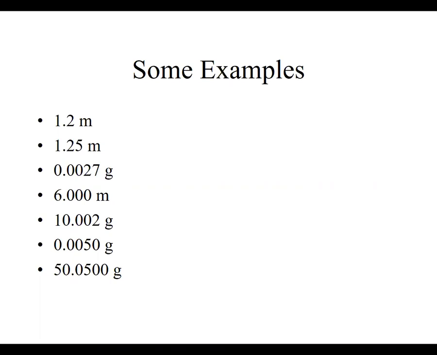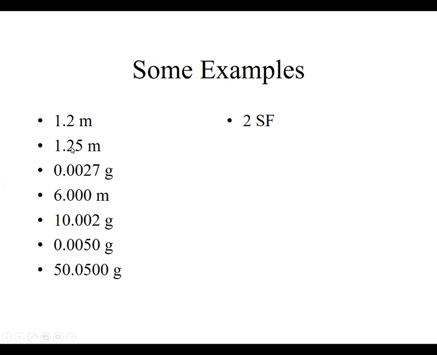Well, remember that the first two are very easy because we have a rule that says all non-zero digits are significant. So when I look at the first measurement, I've got two non-zero digits, a 1 and a 2. I just count the digits. There are 2 digits there. Okay, so I've got 2 significant figures.